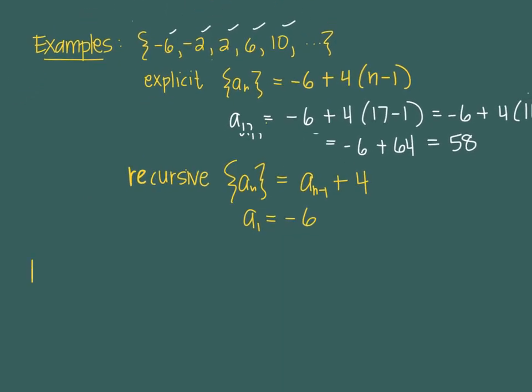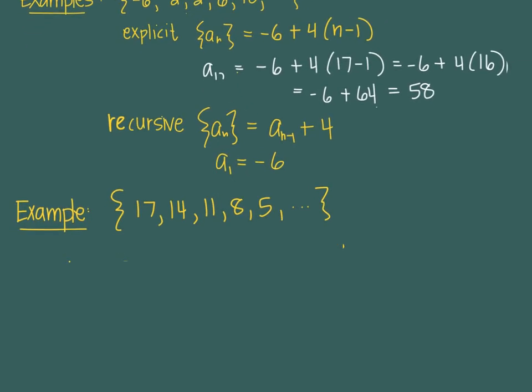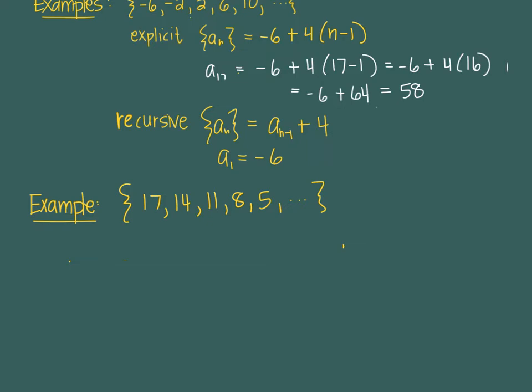Okay, let's try another example. All right, let's suppose the sequence was 17, 14, 11, 8, 5, dot, dot, dot. Again, hopefully you can identify, oh, that is adding -3 every time. Don't say subtract 3. Okay, always reference it as adding something.